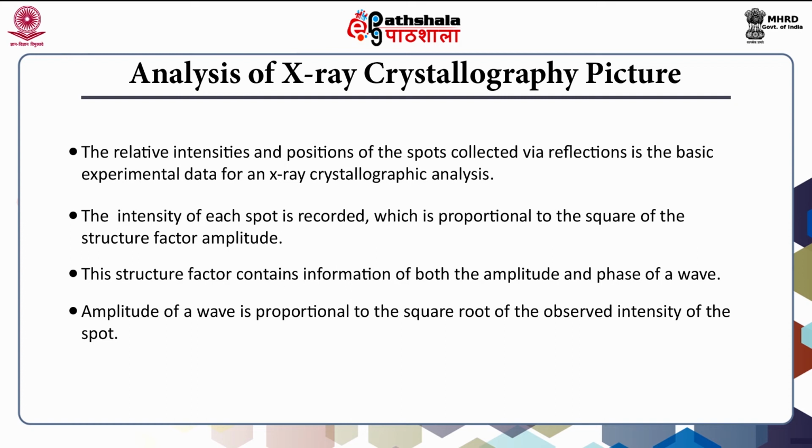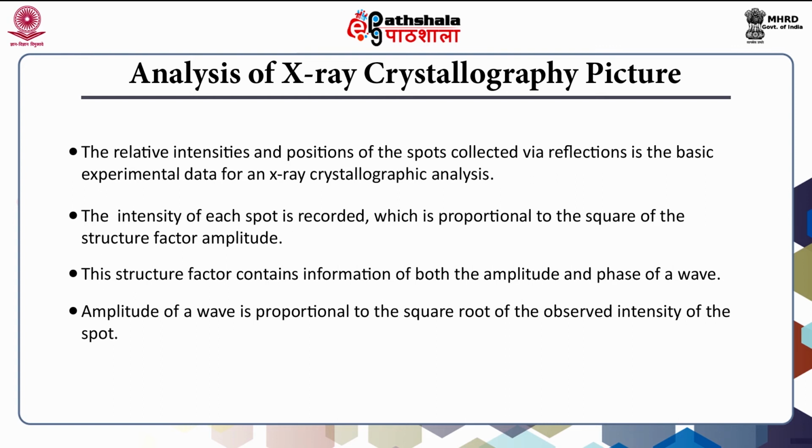The square root of that intensity is proportional to the amplitude of the particular wave. So, for example, amplitude A is proportional to the square root of I, where I is the intensity of the spot. Once we know the intensity, we can calculate proportionally the amplitude of that particular wave. So, we have the amplitude in our hand.